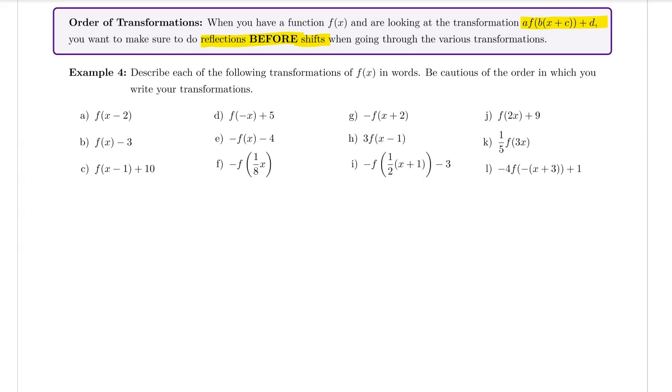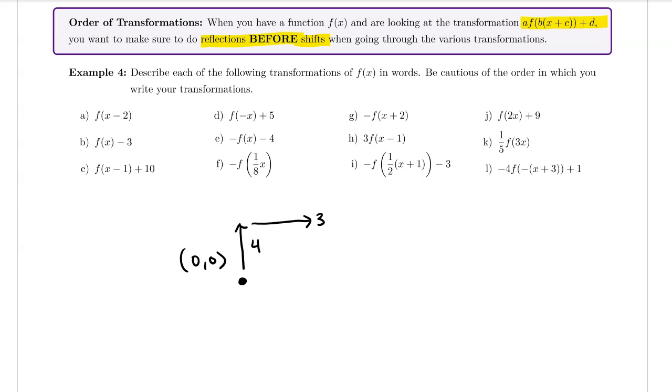So in certain instances, the order in which you do the transformations does not matter. For example, if I had a dot here and this represented my function, it's just a single ordered pair, which can represent a function. So let's say this is the ordered pair 0, 0, and I wanted to perform two different shifts. So let's say I shifted up 4 units and then right 3 units.